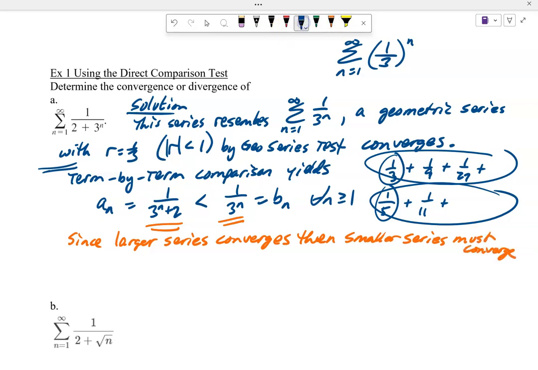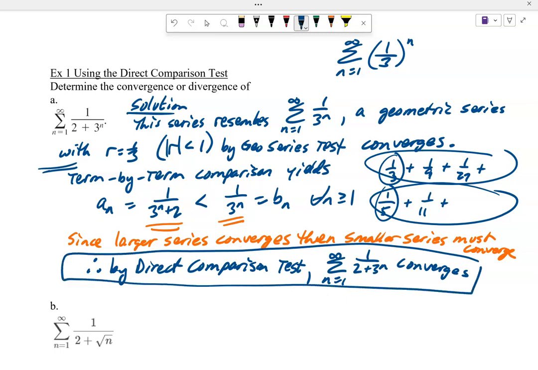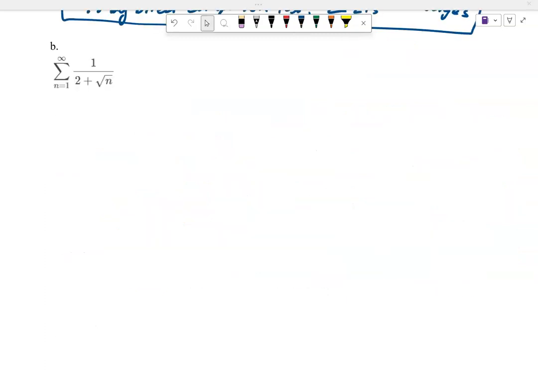And therefore by the direct comparison test, this series converges. That smaller series converges.